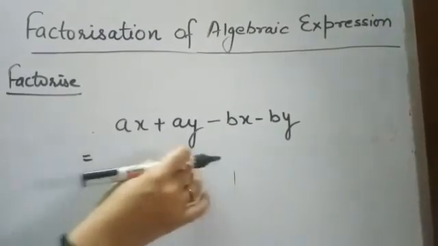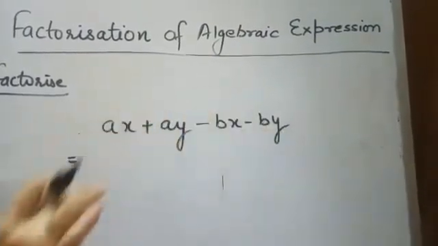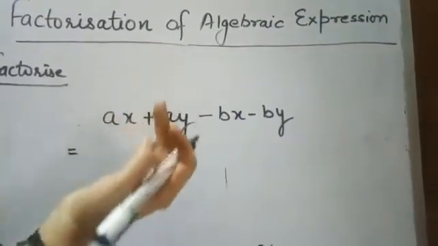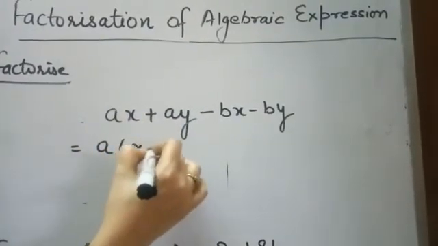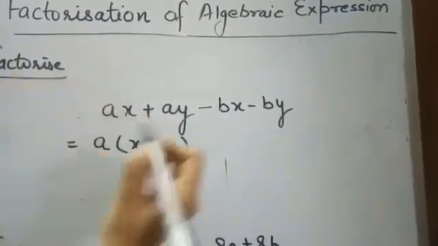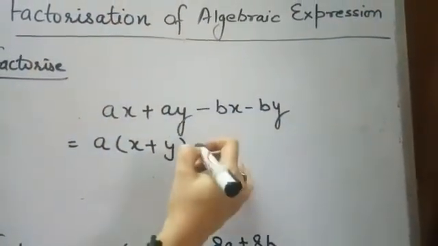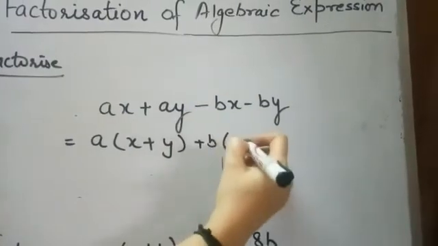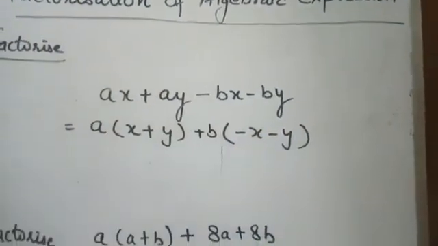Now the next question: factorize ax plus ay minus bx minus by. Take out the common factor from the first two terms. a is common, so we are left with x plus y. Now if you take out plus b, minus x minus y will be left, and again you are not getting any common factor.